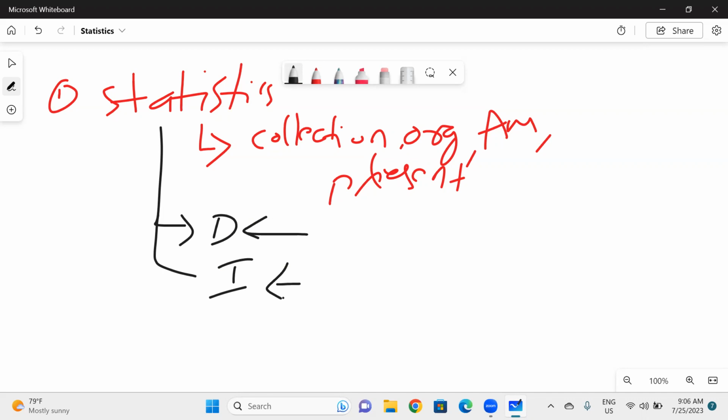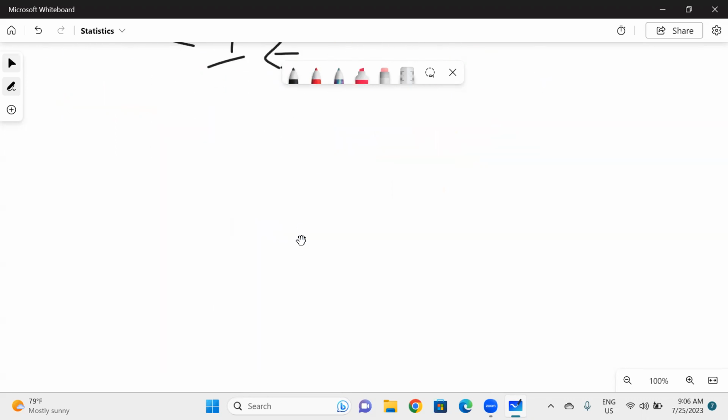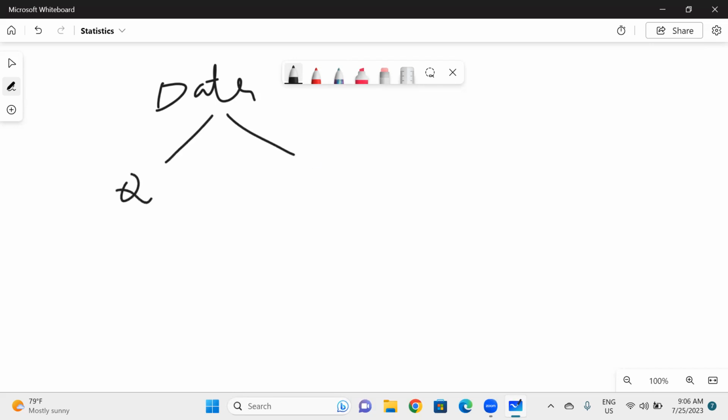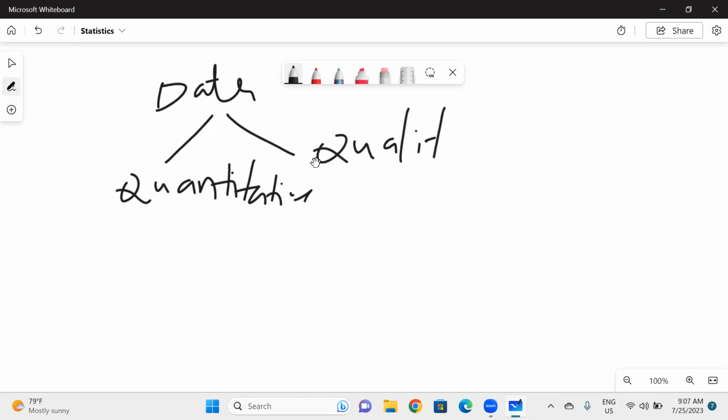Whether it is inferential statistics or descriptive statistics, we need to work with data. We segregate the data into two types: quantitative and qualitative.